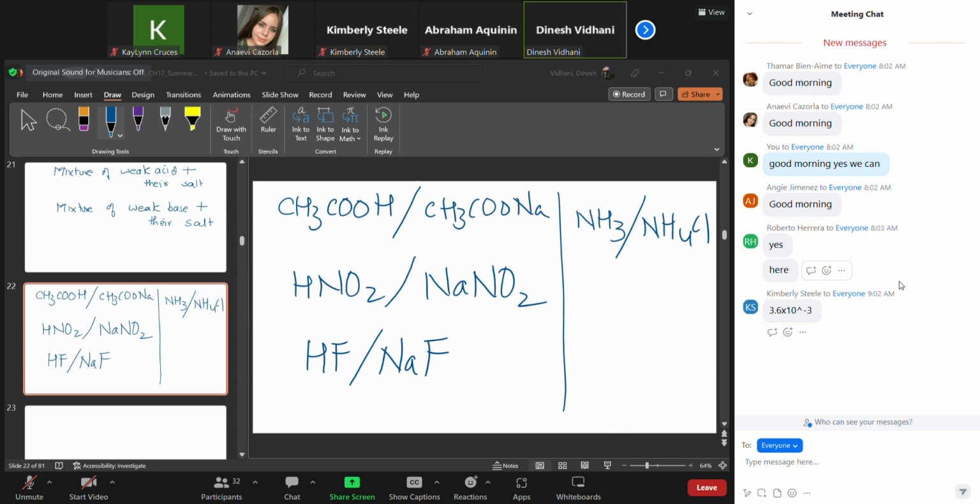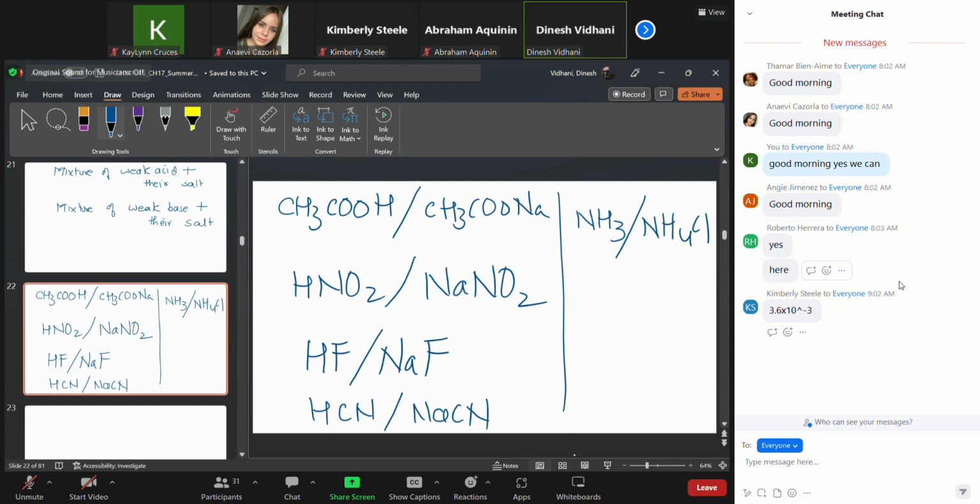So you can simply spot the buffer solution just by looking at whether you are dealing with a weak acid or whether you are looking at a strong acid. For example, I'll give you one more example. Hydrocyanic acid is a weak acid, and the salt of hydrocyanic acid is sodium cyanide. Again, this is a buffer solution, right? Okay.